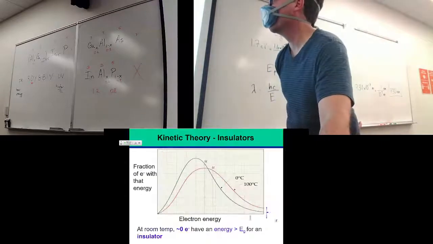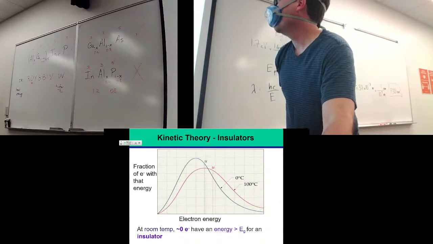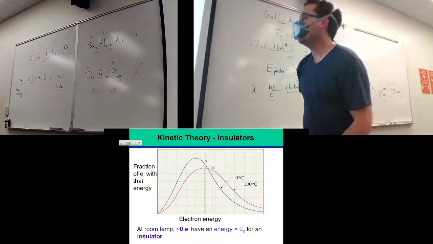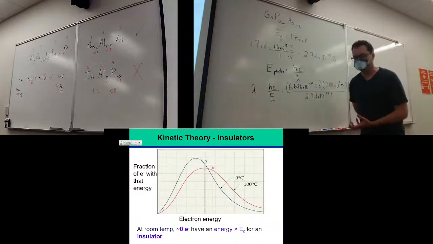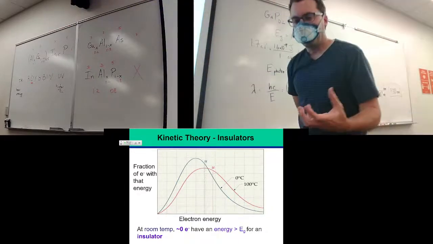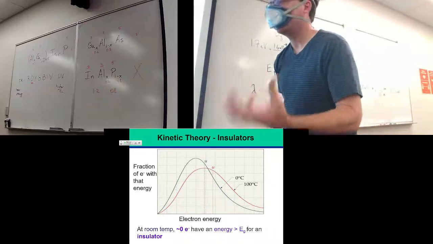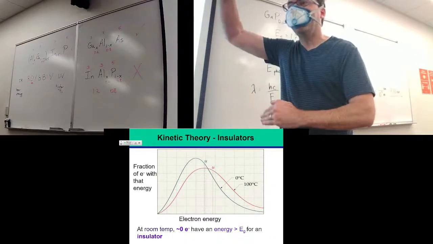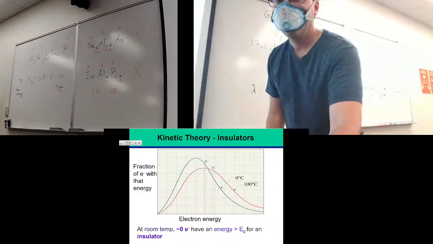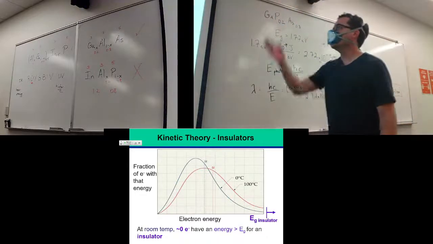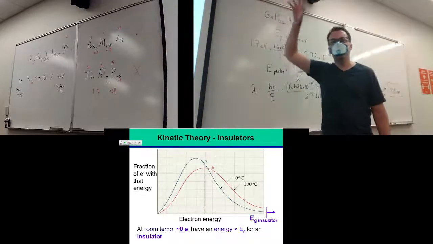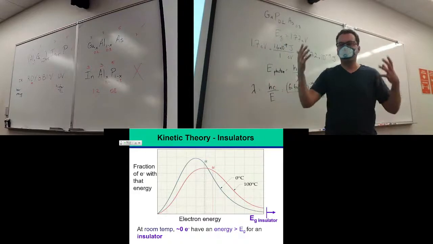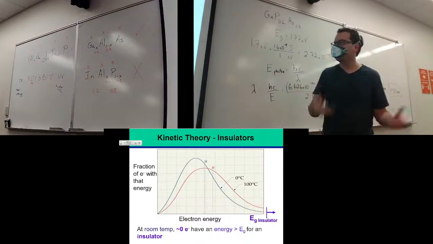Okay, so if I compared a semiconductor to an insulator, this might help to explain why an insulator, even though it has a band gap, really isn't ever conductive. So here is an insulator. It'll have the same distribution of energy because it's at the same temperature as my silicon.